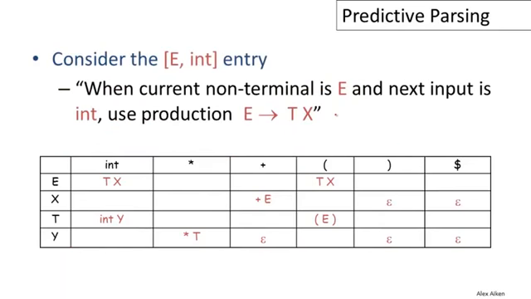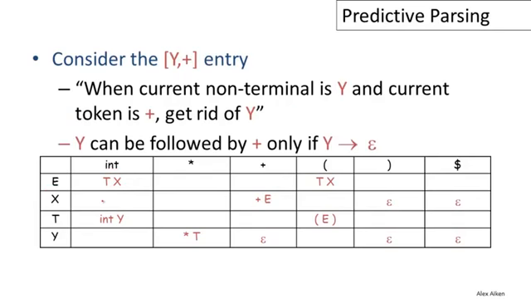So let's do an example. Let's look at the E, int entry. So this entry right here. And what this says is that when the current non-terminal is E, meaning the leftmost non-terminal in the parse tree, and the next input is int, the thing that we see coming up in the input is an integer, then we should use the production E goes to TX. So we should expand E with the children TX. Let's do another example.